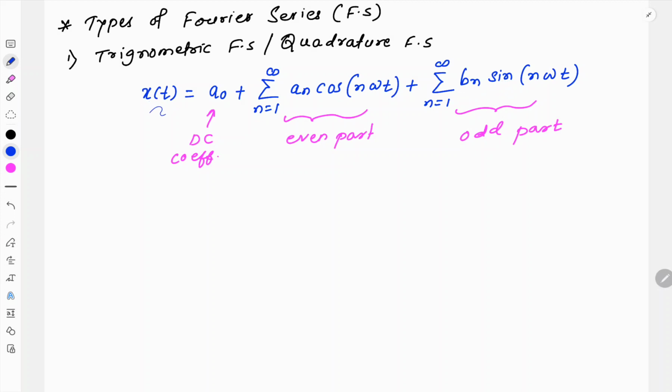So this x of t signal is split up into three parts. The first part is called the DC coefficient, and the other two parts are the cosine part and the sine part. Now let us see how to find these coefficients a0, an and bn.